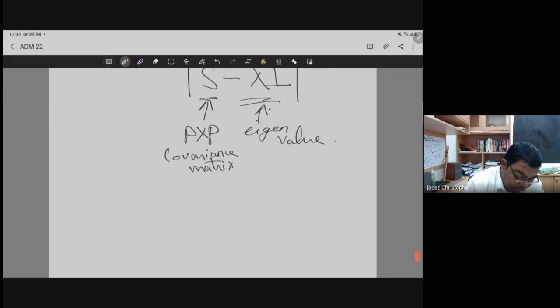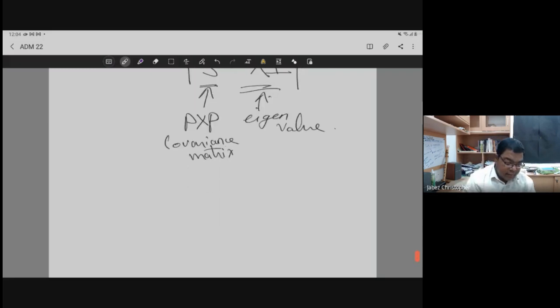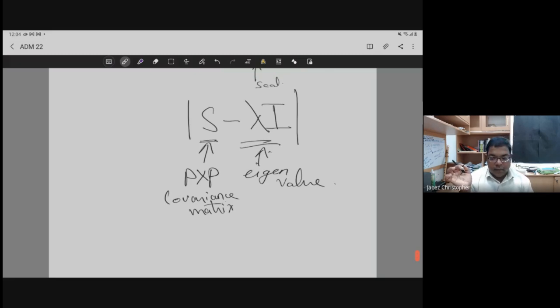And which vector will you choose? For each vector, Z1, Z2, Z3, Z4, or principal component, you are going to have a corresponding eigenvalue: lambda 1, lambda 2, lambda 3 and lambda 4.